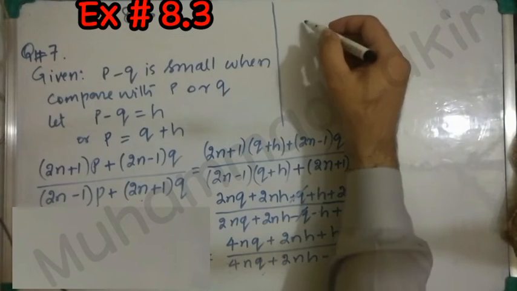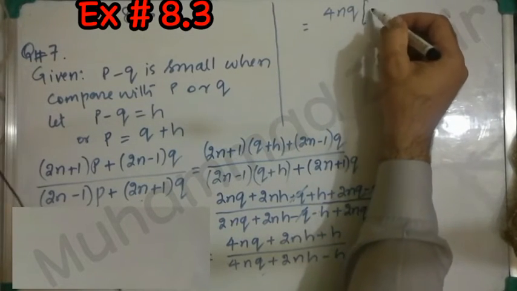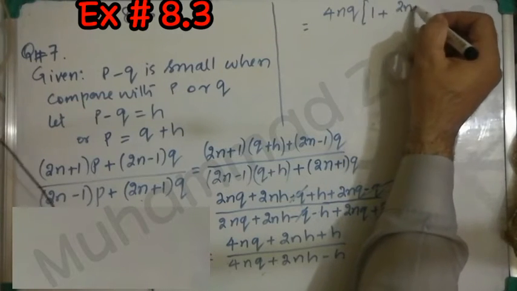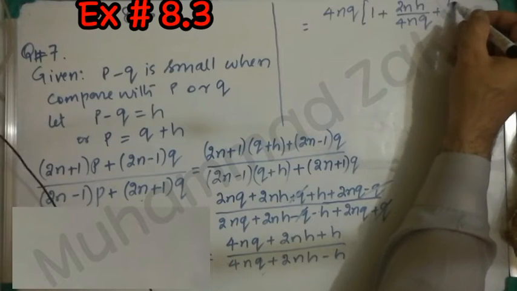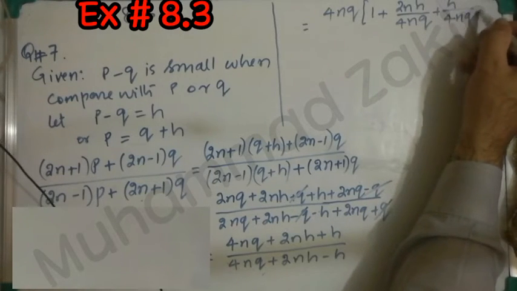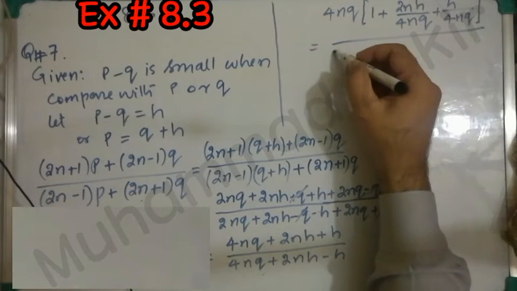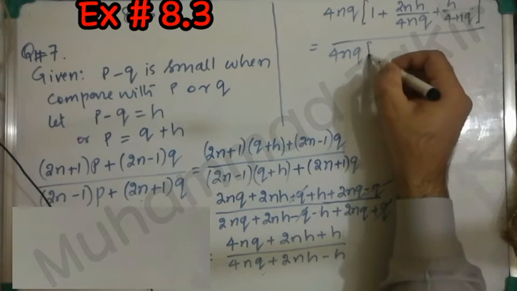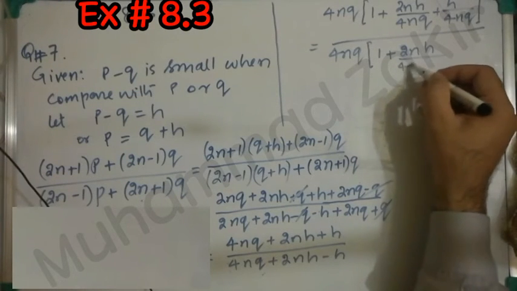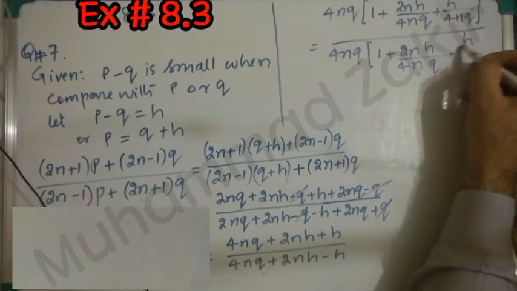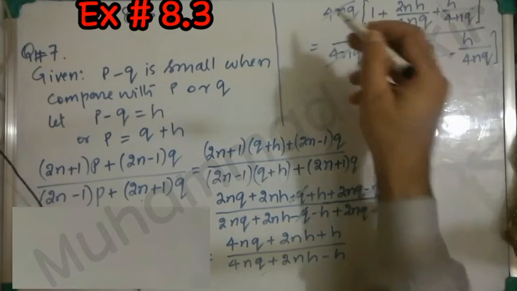By taking 4nq common from the numerator, we will have 1 plus 2nh by 4nq plus h by 4nq, divided by 4nq common from the denominator also. It is 1 plus 2nh by 4nq minus h by 4nq. In denominator and numerator, this 4nq is cancelled.